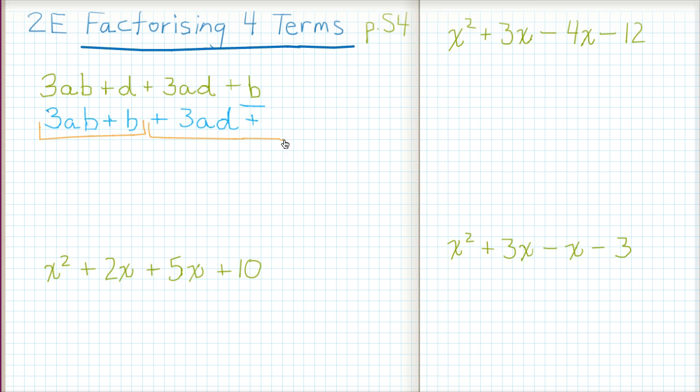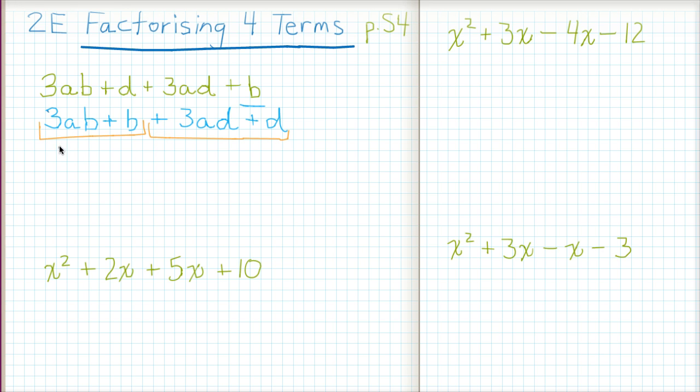Note that I very specifically put this sign with the second group. When it's a plus sign, it doesn't matter so much. But when it's minus, it's going to make a difference. So that sign goes with the term that comes after it, so we'll include it in the second group.